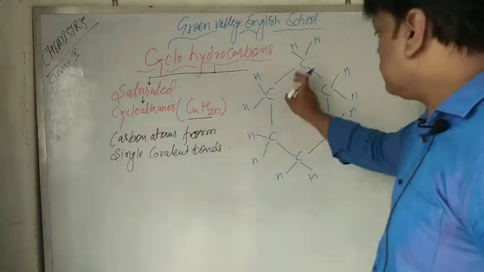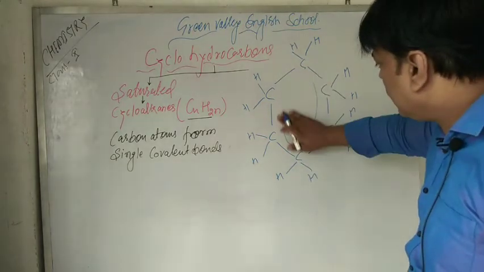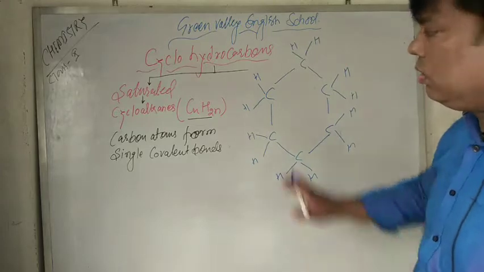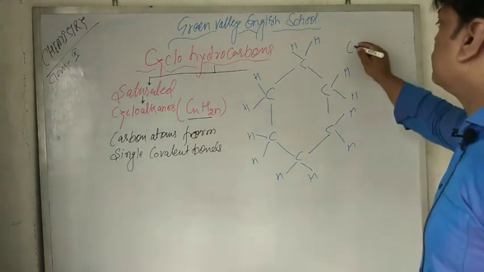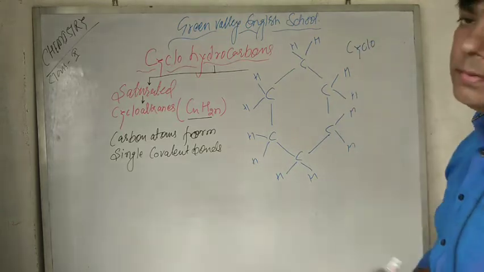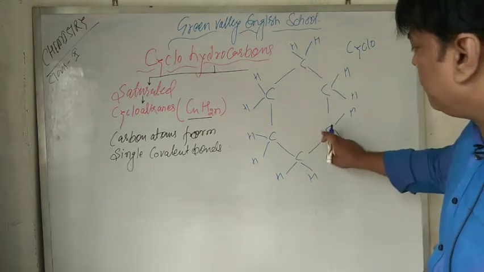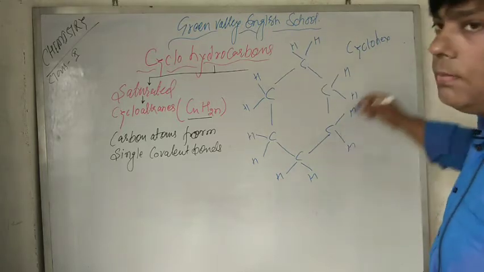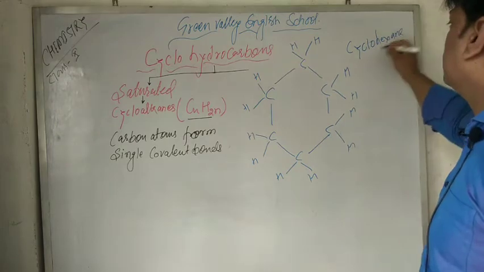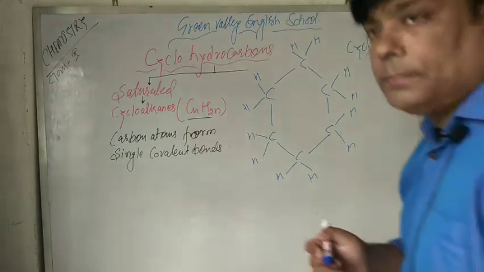That is a close ring structure, a cyclic structure. So the name should be cyclo first. Cyclo what? Meth, eth, prop, but, pent, hex. Cyclohex, and for a single bond, ane. That is called cyclohexane. Okay?